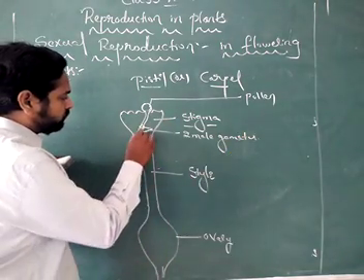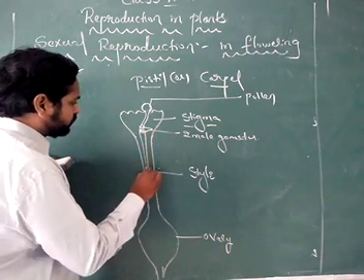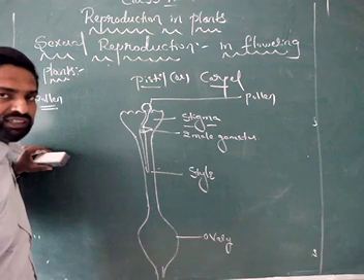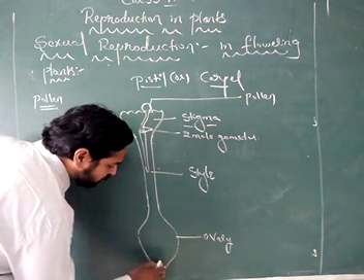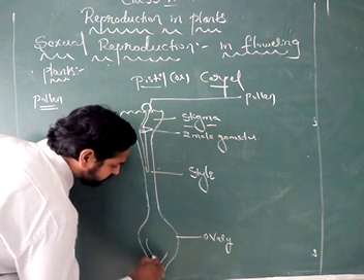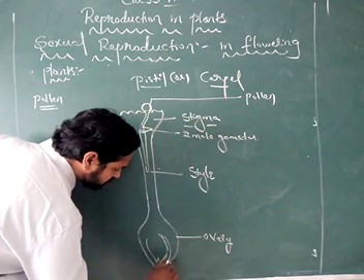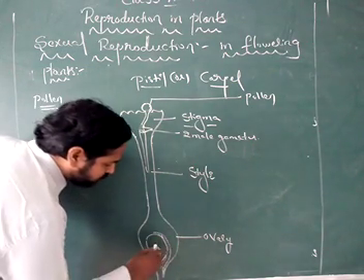Now this pollen tube will be growing towards the ovary, where the ovary consists of the ovule. This is the ovule.